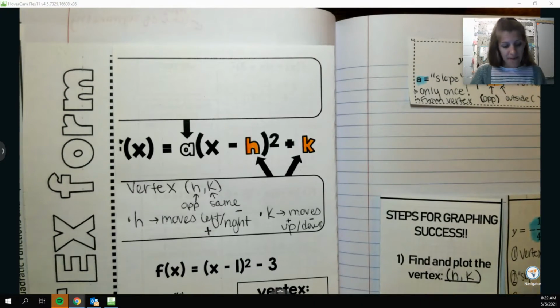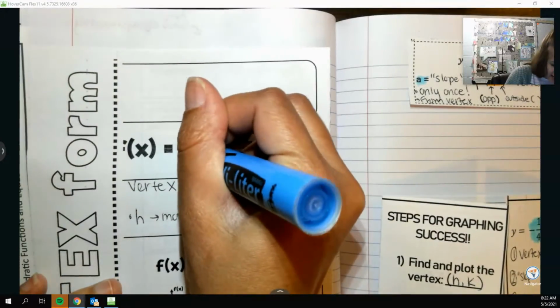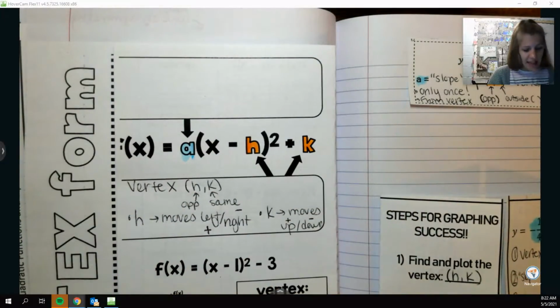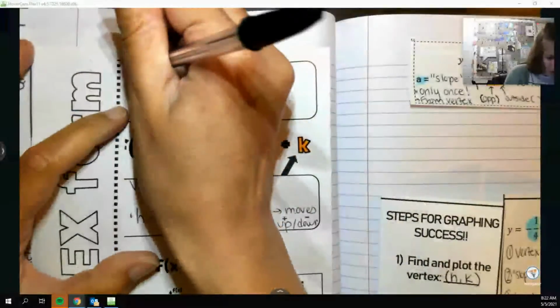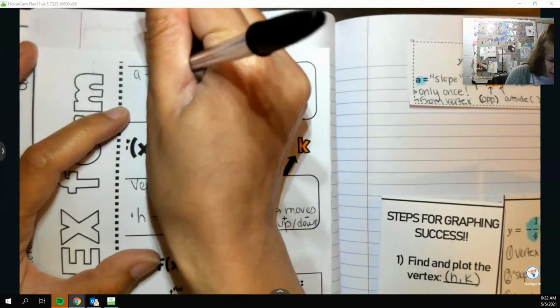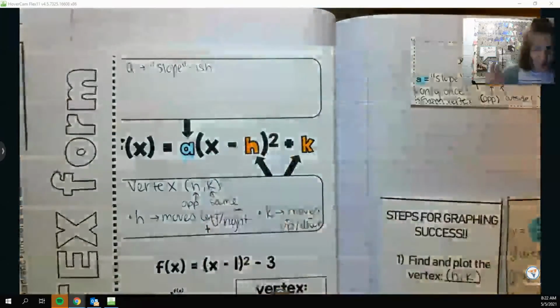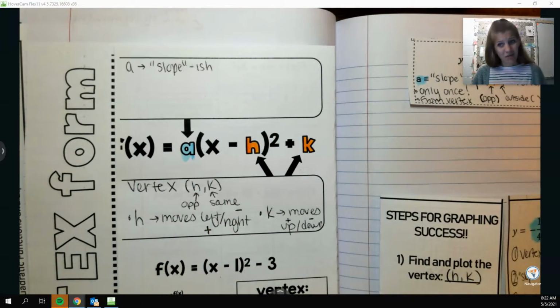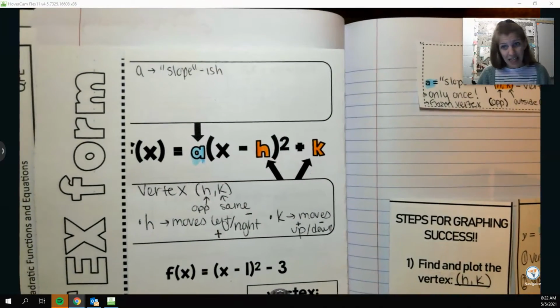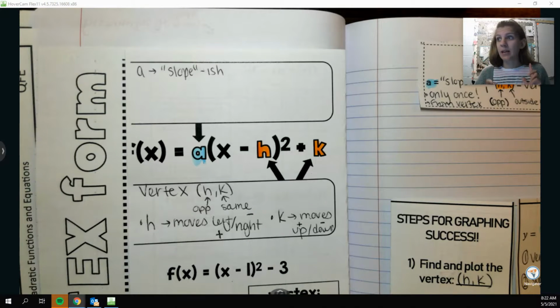The other important value to identify is that A value. Now the A value is sort of like slope. I've been calling it slope-ish, or like slope in quotations, because it's not really slope, but it does kind of work that way for 1 point.